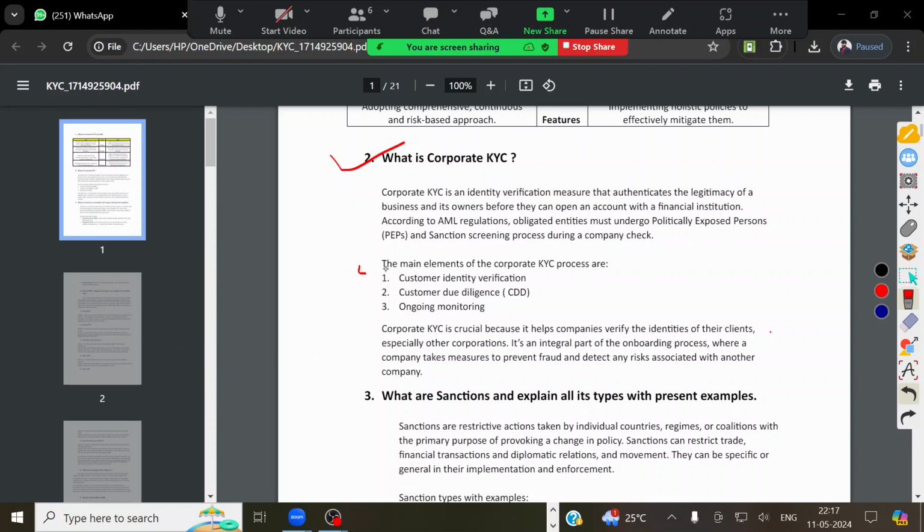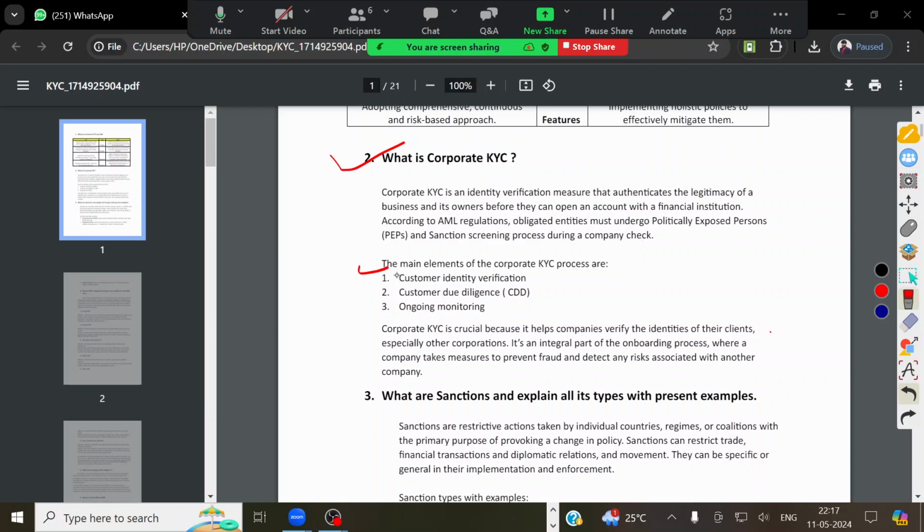All right. Then you would see three elements of the corporate KYC process. One is customer identity verification. The second one is customer due diligence, and the third is ongoing monitoring. In day-in day-out work, we follow these checks. First, we verify identity documents. As I said, PAN, Aadhaar, and passport all come under customer identity verification.